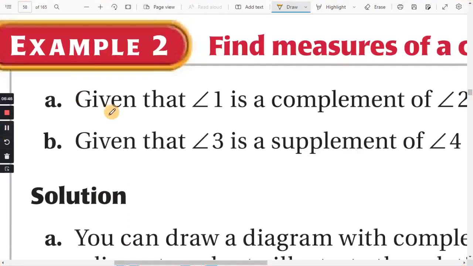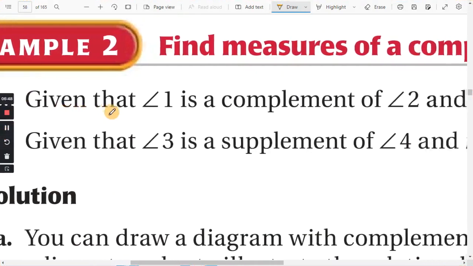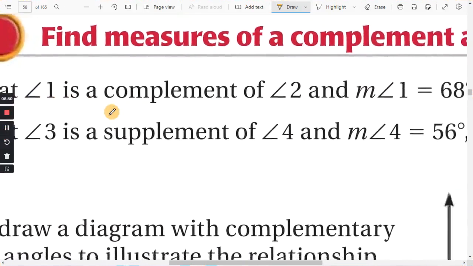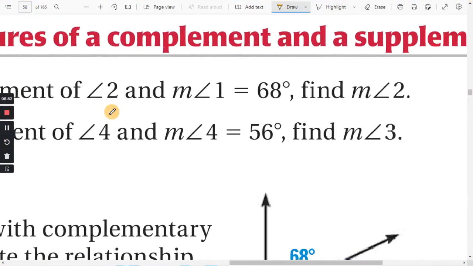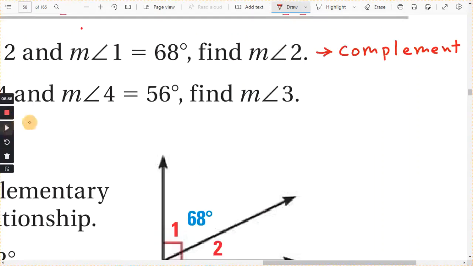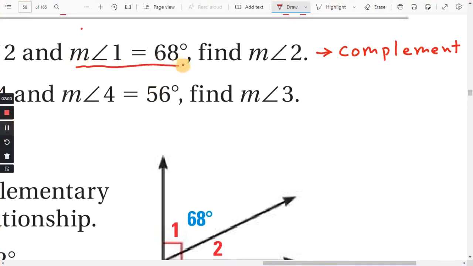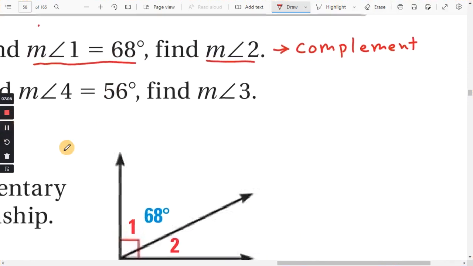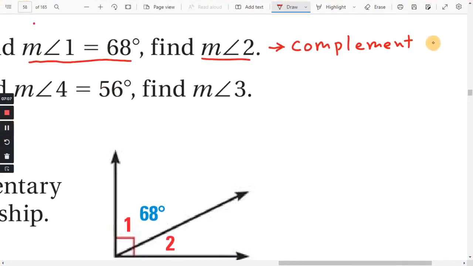All right, example 2a. Given that angle 1 is a complement of angle 2 and angle 1 is 68, find the measure of angle 2. It said one angle is the complement of the other angle. So when they're complementary, what do they add to? 90 degrees.